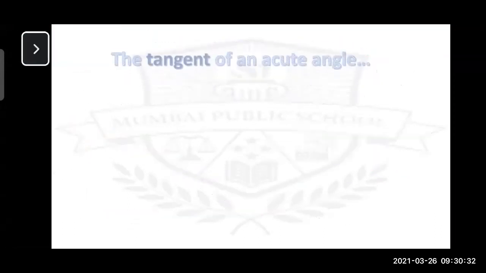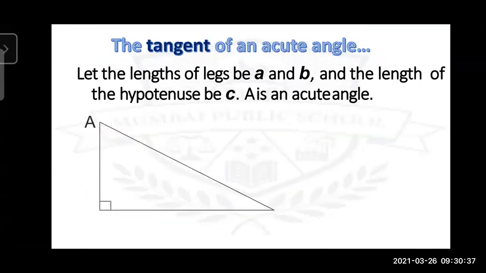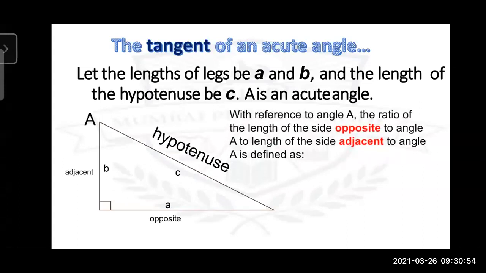Then we find the tangent of an acute angle, that is called tan. We draw triangle ABC, and the side opposite to A is small a. The side adjacent to angle A is b, and the hypotenuse side is c. First we write the formula: tan is the ratio of the side opposite to the adjacent side.